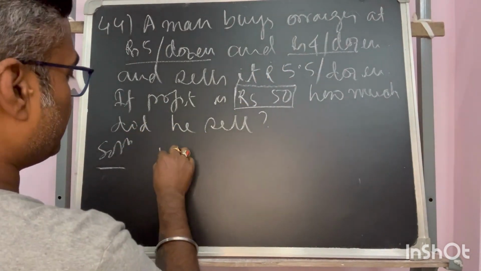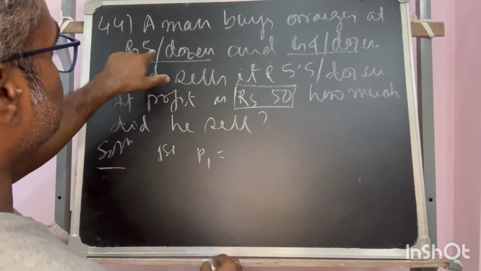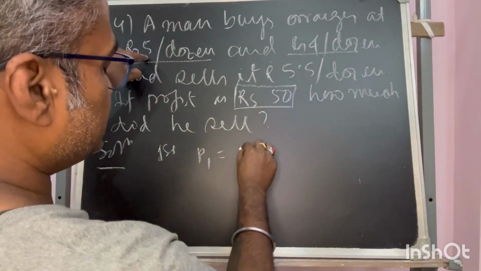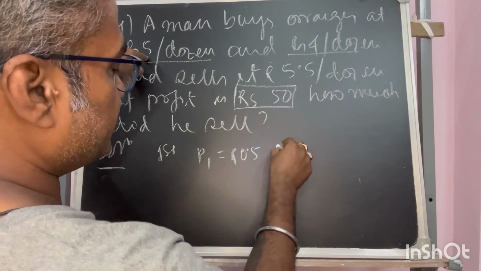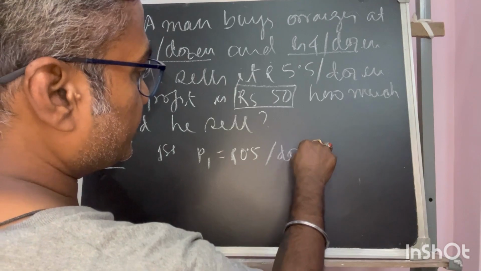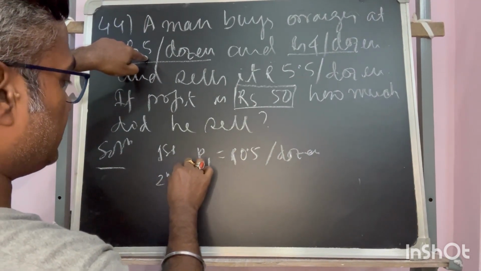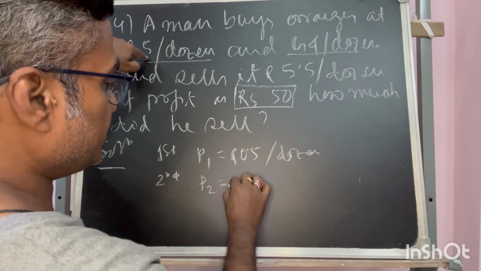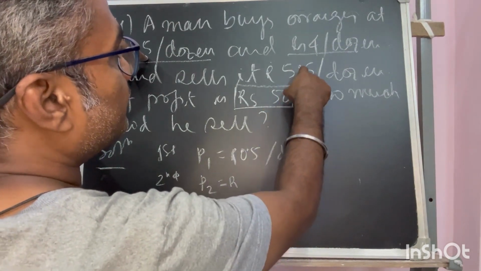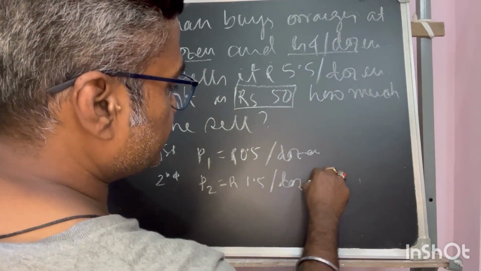From the first quality the profit is 0.5 rupees per dozen. For the second quality, the profit he is gaining is 1.5 rupees per dozen, isn't it?